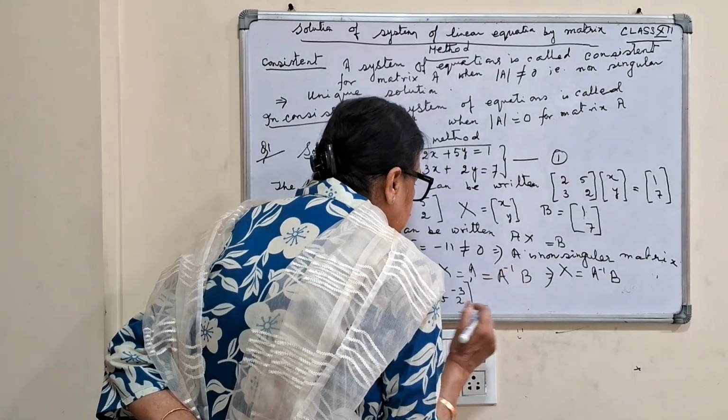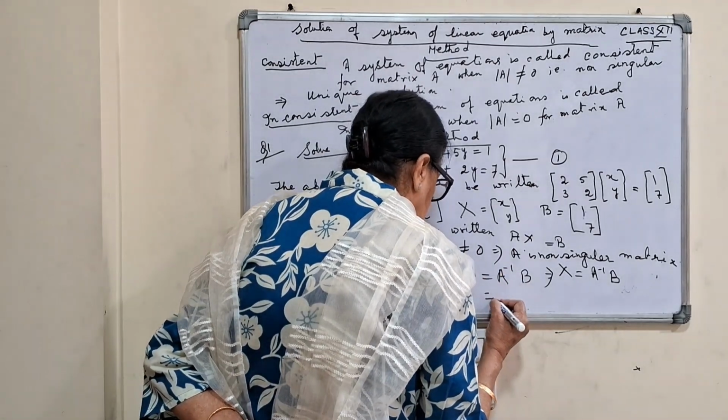Transpose means rows are changed into columns.